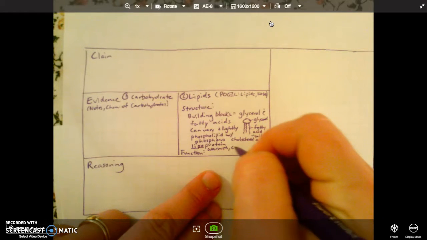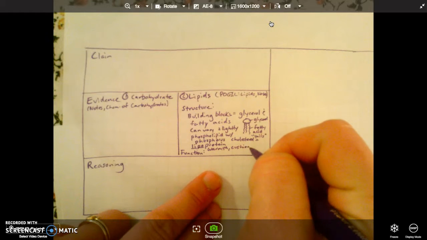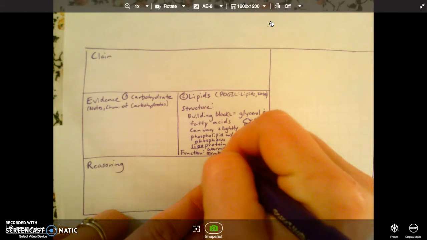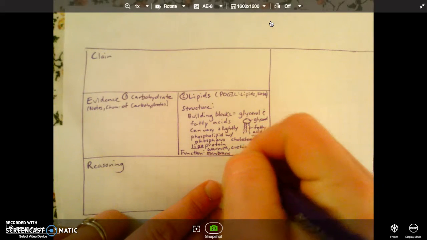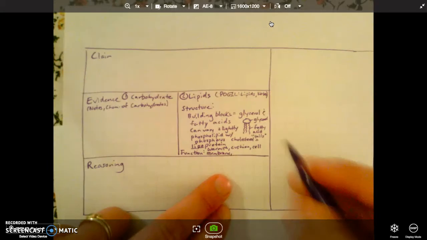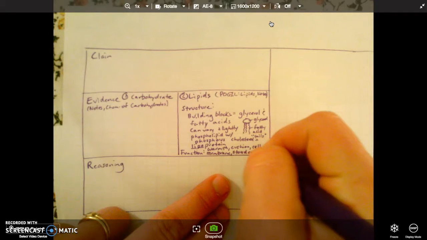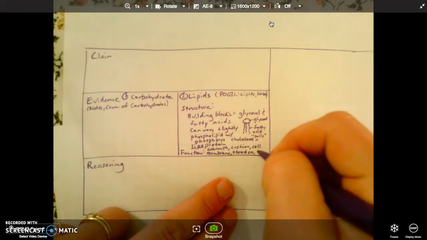We said cushion. We said in one of the classes part of the cell membrane. I'm trying to think of all of the wonderful things we said. Stored energy. I'm just going to write EN for energy.